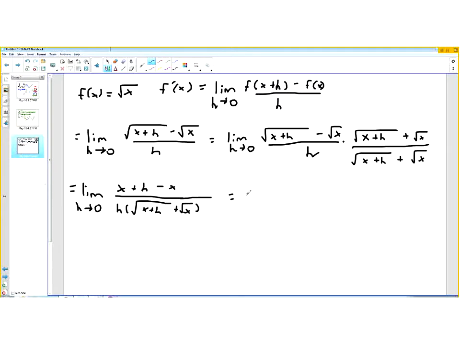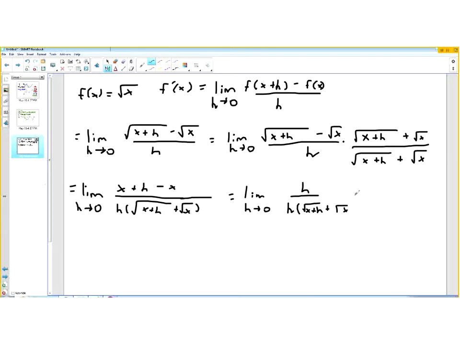Okay, and so that is equal to the limit as h approaches 0 of h over h times the square root of x plus h plus the square root of x.